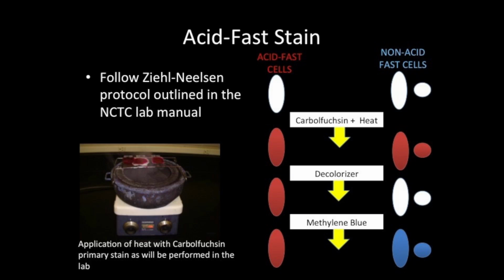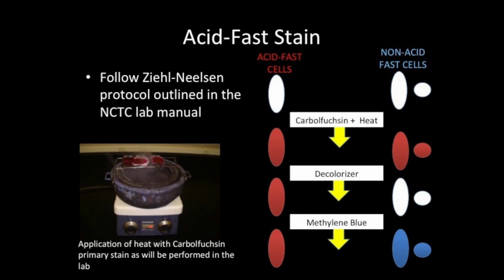To better facilitate the penetration of the carbofuchsin into the acid-fast cells that contain mycolic acid, the slide is exposed to steam heat after the primary stain is added. The steam heat serves to melt the wax and allow the dye to enter the cell wall. As the slide is cooled, the wax traps the primary stain.